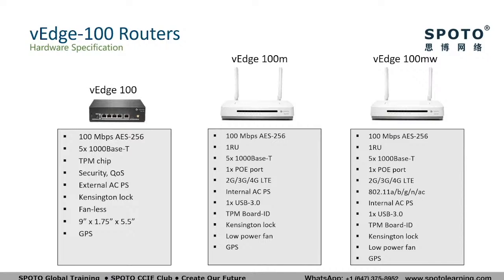Also, this is the vEdge router, continued. This is the 100 series. This is for wide area network only. They have antennas with 3G, 4G LTE, and GPS. They all have GPS. Just information for your reference.